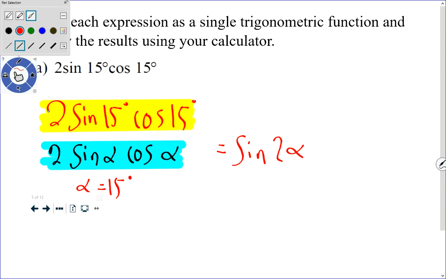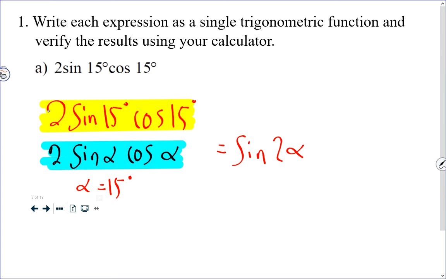Instead of having sine alpha cos alpha times 2, it's sine 15 cos 15 times 2. And that means that the alpha is 15, so this identity tells us that 2 sine 15 cos 15 is sine of 2 multiplied by 15 degrees, which gives us sine of 30 degrees.